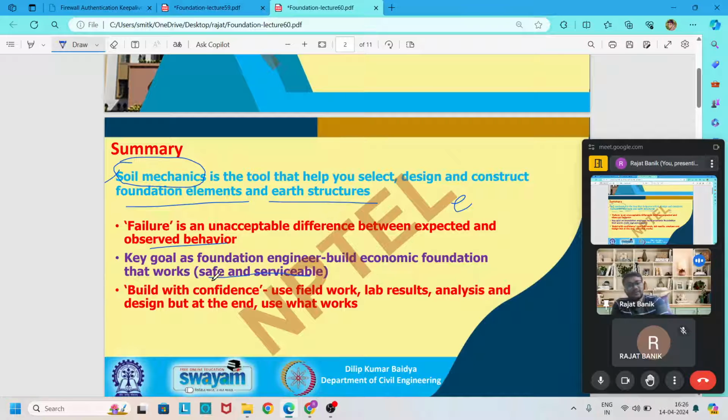Safe means it is safe from bearing capacity failure or shear failure of the soil, and serviceable means it should settle within the permissible settlement limit, and economic in the sense that we choose different types of foundation for different types of soil.